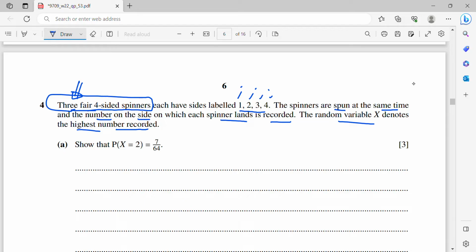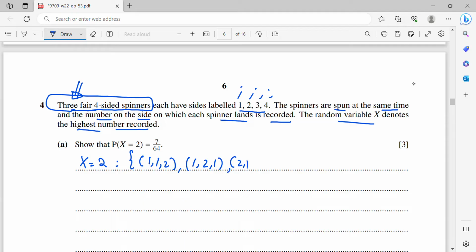So first of all, I need to write down the outcomes to get x equals 2, which means the highest score is 2. So this may refer to 1, 1, 2. So the first 2 spinners show 1 and the last spinner lands on 2. And then you can just consider the arrangements. So it will be 1, 2, 1.